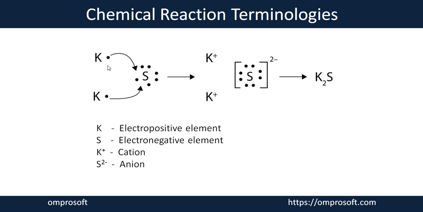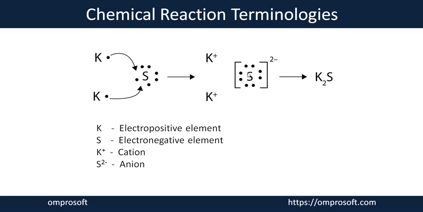Potassium is a metal and sulfur is a non-metal. To fulfill its octet, sulfur needs two electrons, and one potassium atom can give one electron. So we'll take two potassium atoms, each giving one electron to the sulfur. After giving the electron, each potassium atom gets a positive charge, and by receiving both electrons, the sulfur gets a -2 charge.